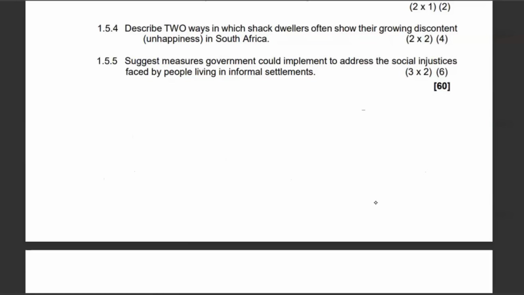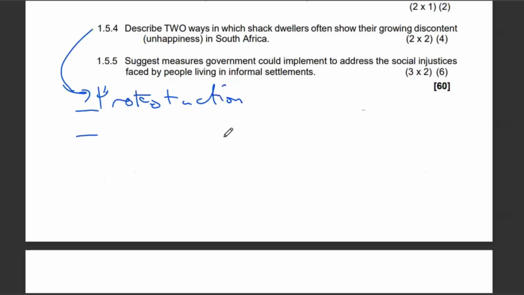That is the question. How do they voice out their dissatisfaction with the conditions? Right. We can look at protest action. They do protests as a way of showing their discontent towards service delivery, towards poor conditions. Protest action.